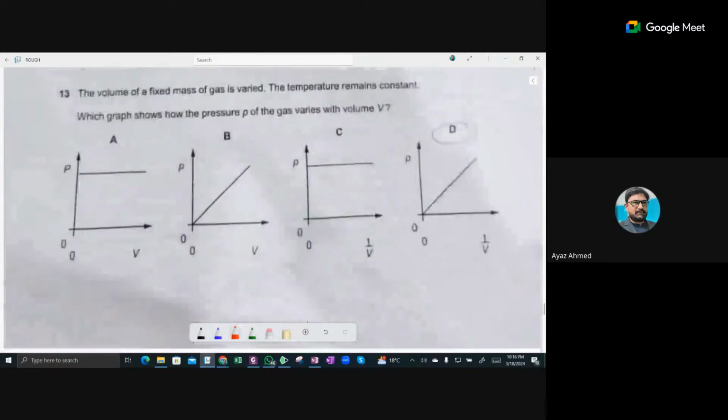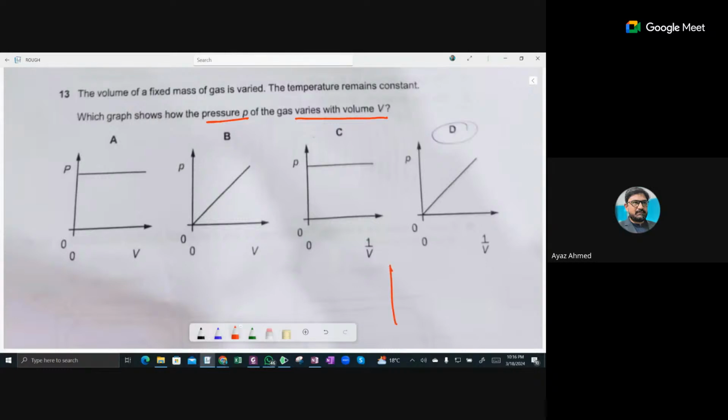Question number 13. The volume of a fixed mass of gas is varied. The temperature remains constant. Which graph shows how the pressure of the gas varies with volume? If it were a pressure-volume graph, it would be none of these.